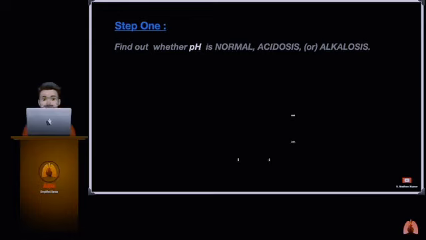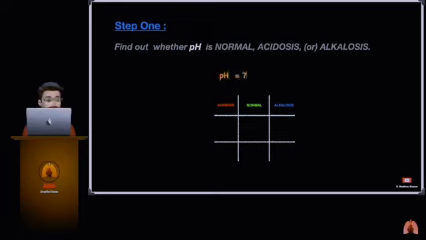First, draw the tic-tac-toe table. If the pH is 7.35 to 7.45, the value is normal. So place the pH value underneath the normal column.